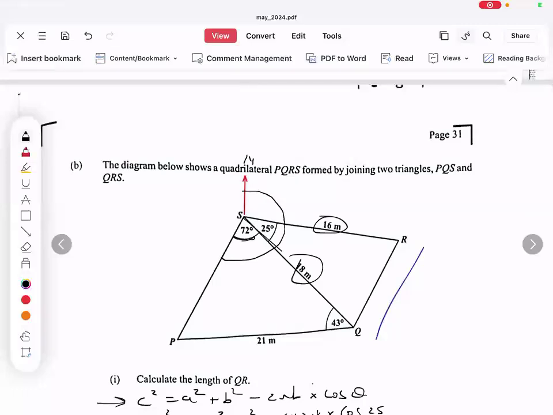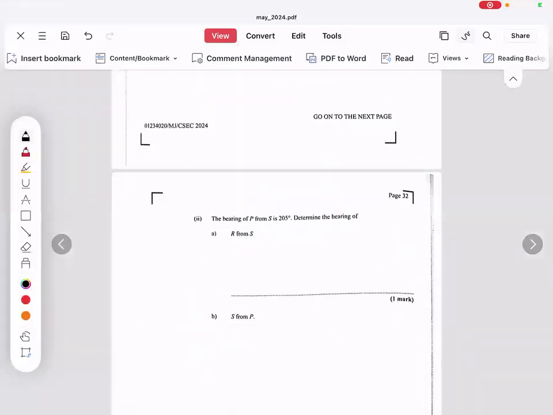This part down here says 72. This part here says 25. I bet they are going to ask you to find the rest. Let us find out.